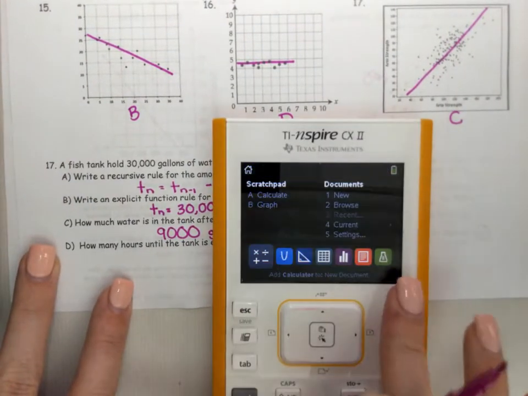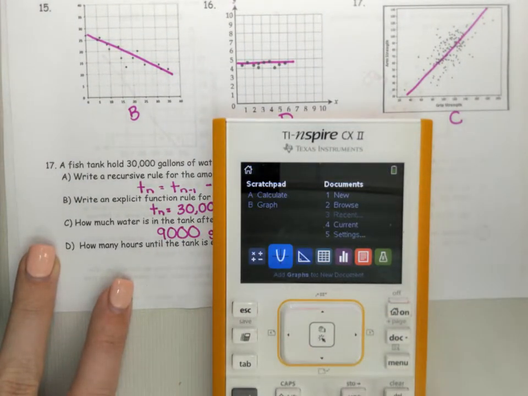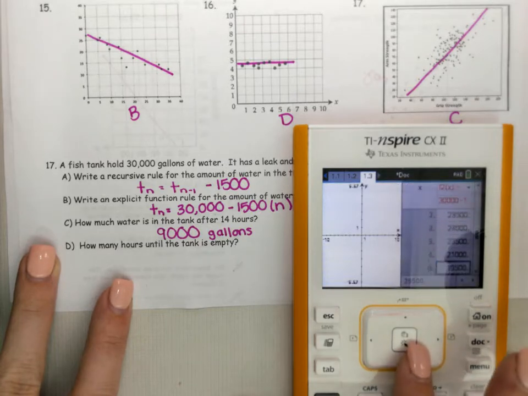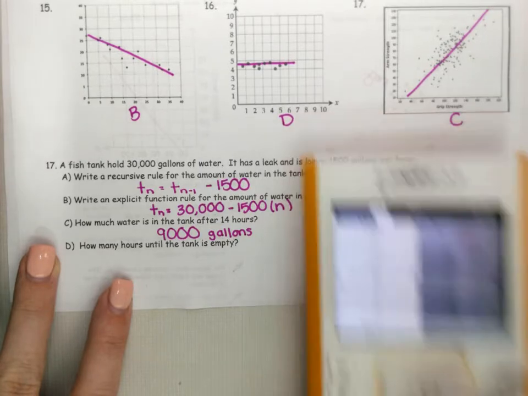You could also go to the graph and type in the function 30,000 minus 1,500x. Click Control T, and then after 14 we can see that it is at 9,000.